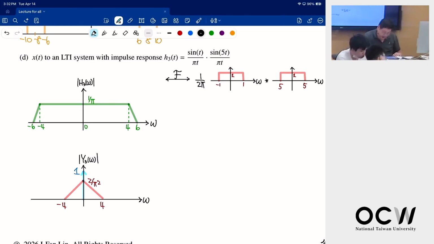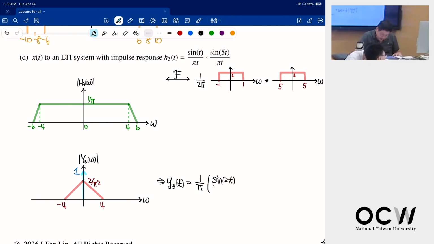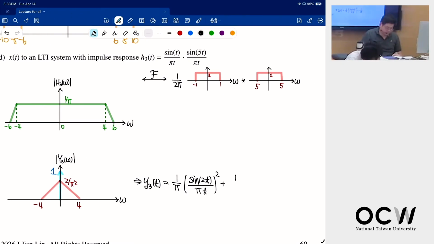So this means the y3, the output, here we have different. Here's 2 over pi squared. So I get 1 over pi. To get the triangle in frequency domain, that means in time domain, I have the sinc function times the sinc function. So sinc squared, sine 2t divided by pi t squared, plus 1 over 2 pi.